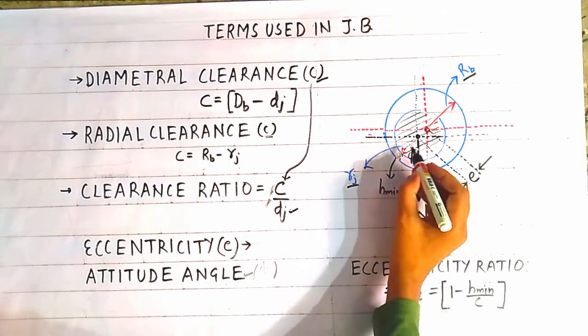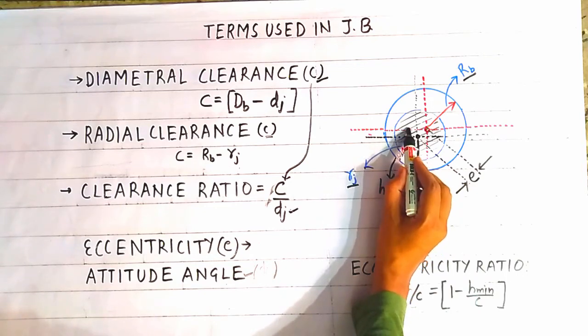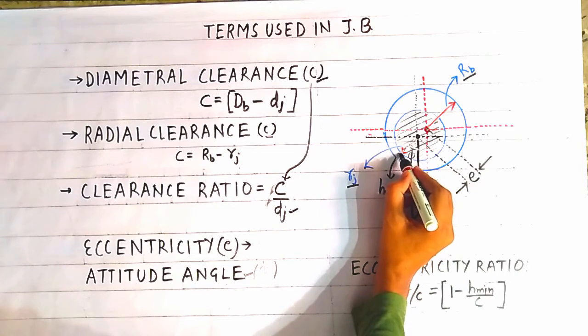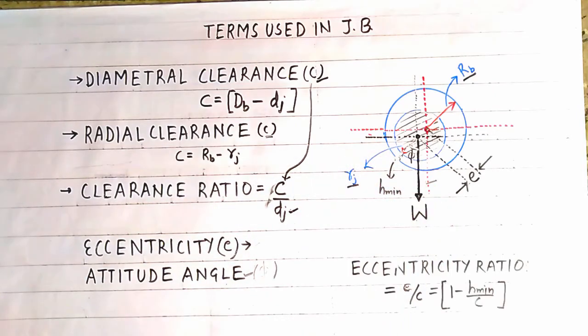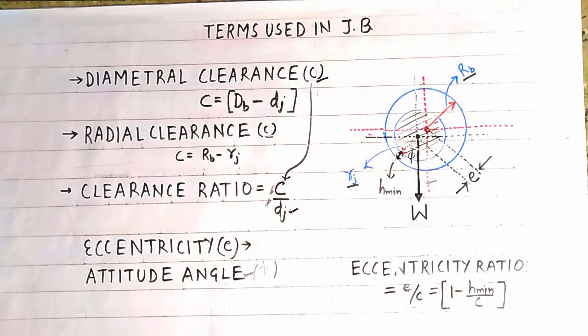This is the journal and this is the bearing, and the minimum distance between the journal and the bearing lying here is equal to h min. So this is the minimum fluid film thickness. It is the minimum distance between the journal and the bearing, so it is called the minimum fluid film thickness.